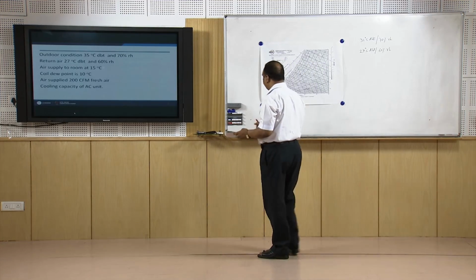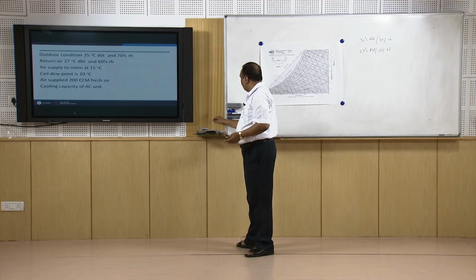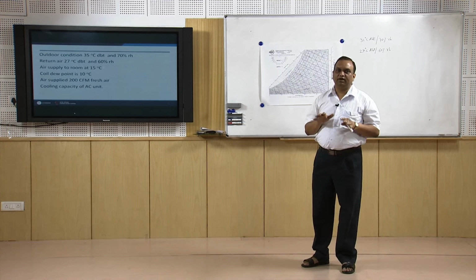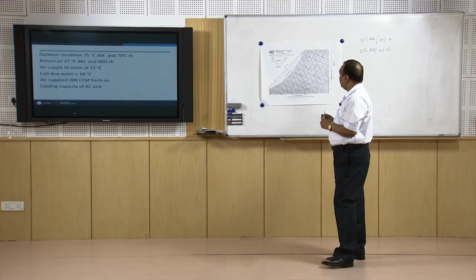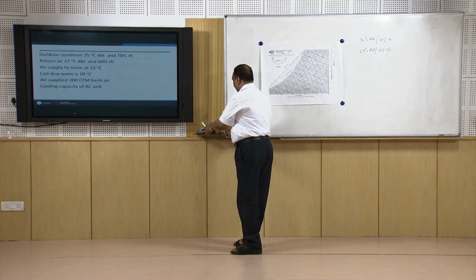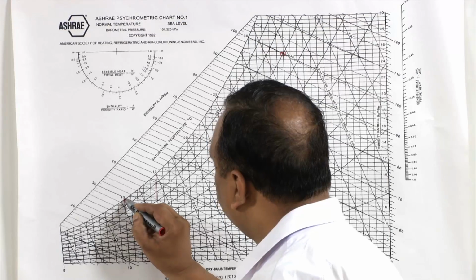Now coil dew temperature is a new word here. Coil dew temperature means coil temperature. It is assumed that when the condensation over the coil takes place, air becomes 100% saturated if there is no bypass of air. So it is 10 degrees centigrade.